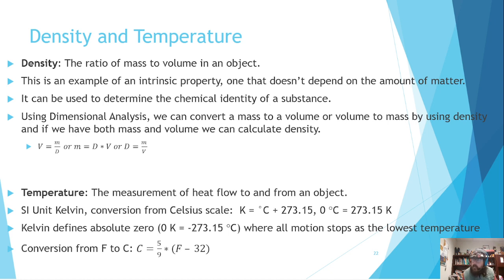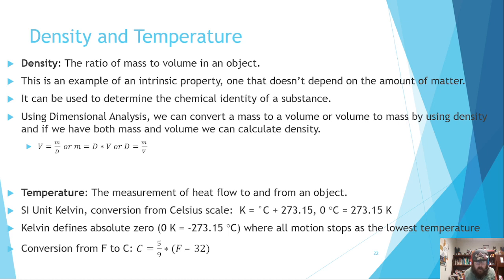The other thing is temperature. Temperature is the measurement of heat flow to and from an object. Now the SI unit is Kelvin. We will often use Kelvin preferentially, but sometimes it doesn't matter. But to calculate Kelvin from Celsius, we add the number 273.15 onto the Celsius value.